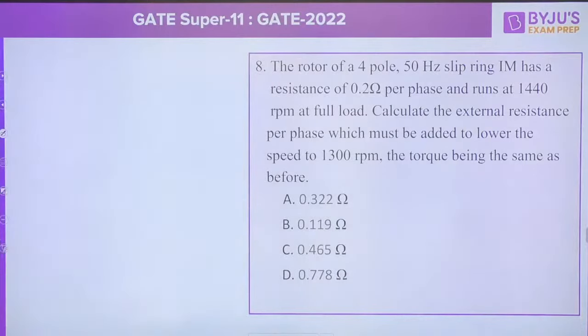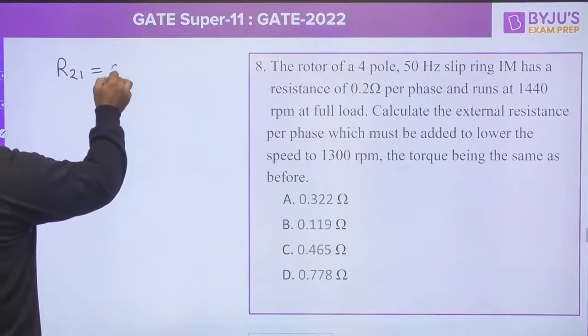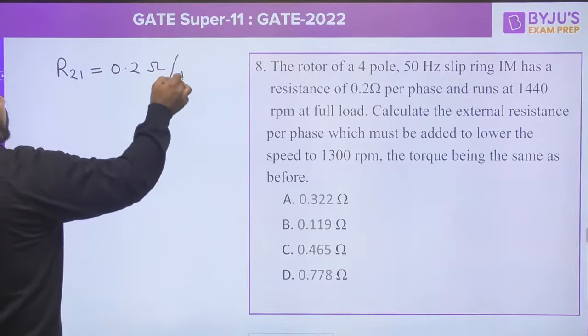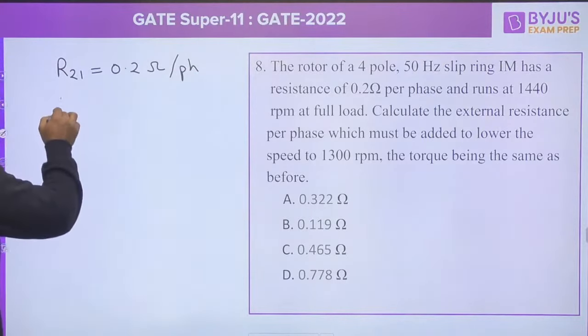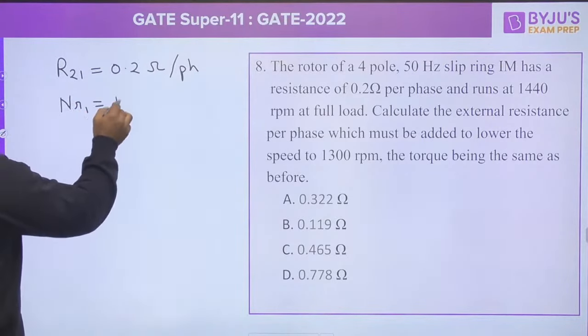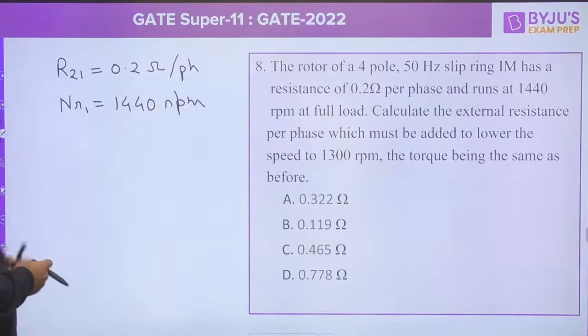It is a similar question. Some details he is giving for the rotor of an induction motor. Rotor of a 4-pole 50 Hz slip ring induction motor has a resistance. So rotor resistance per phase he is mentioning in the first case as 0.2 ohms per phase, and it is running at a speed of 1440 rpm at full load.